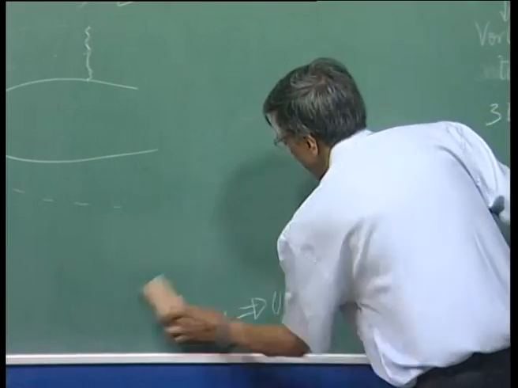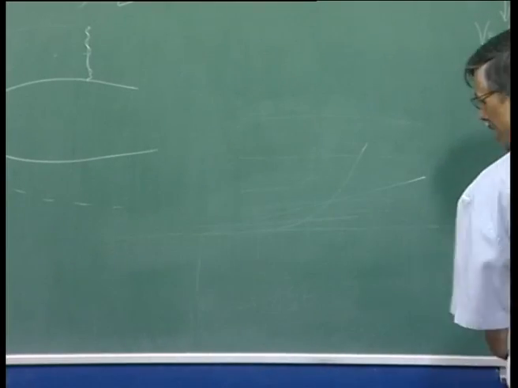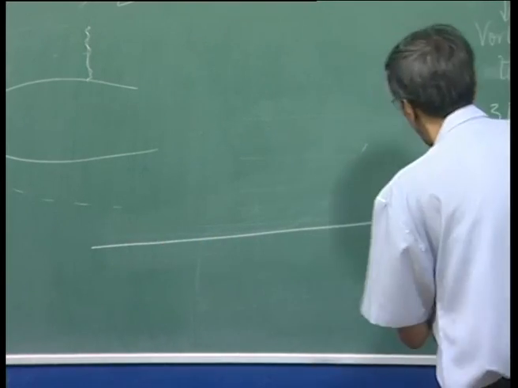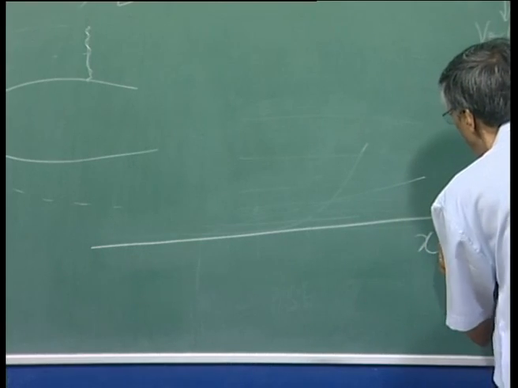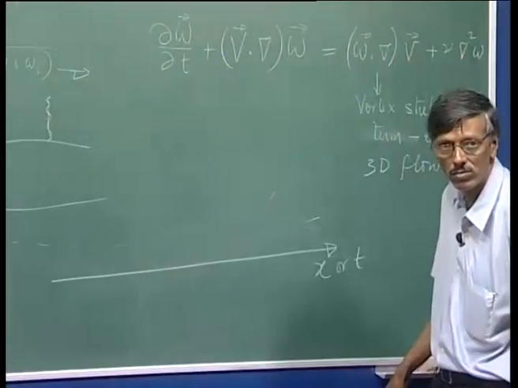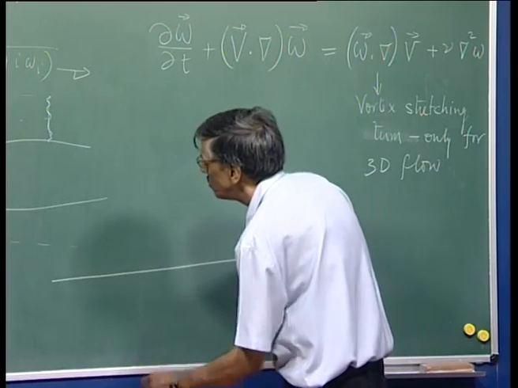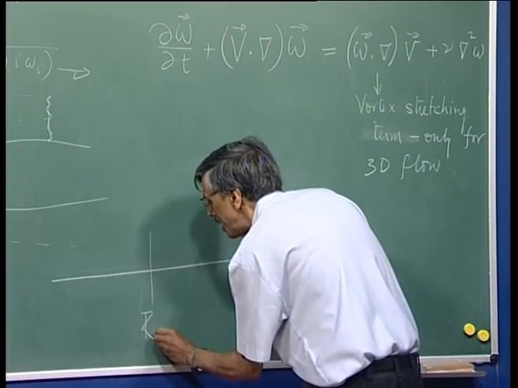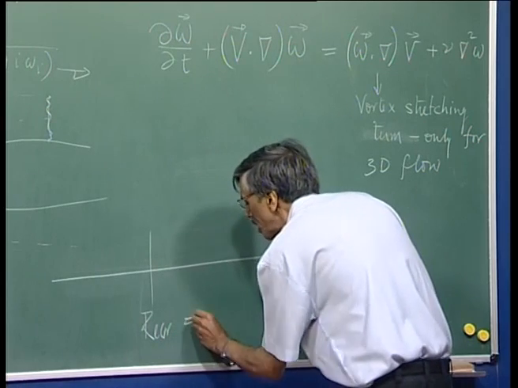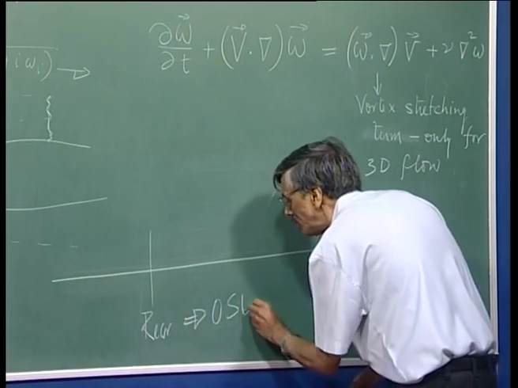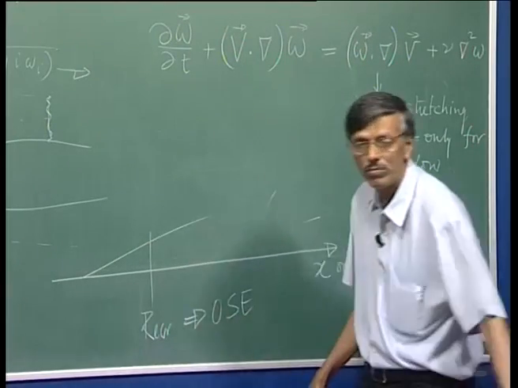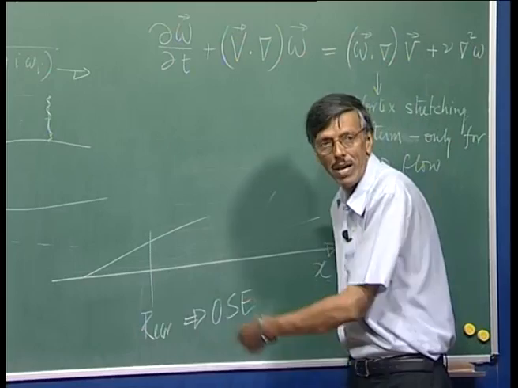Let me clean up this diagram and explain to you what we are talking about. So, if I am talking about say x or t along this axis, and this is my Re critical corresponding to the Orr-Sommerfeld equation, then if my algebraic growth starts taking off from early on, that could be a subcritical thing.